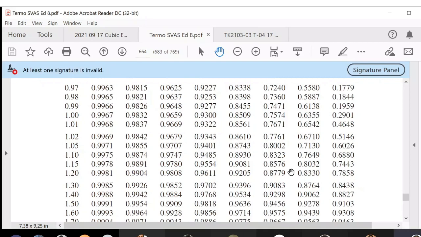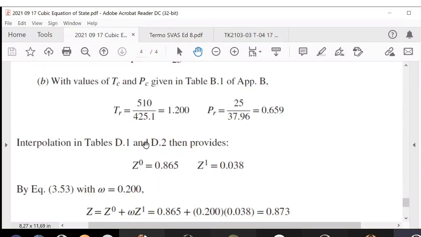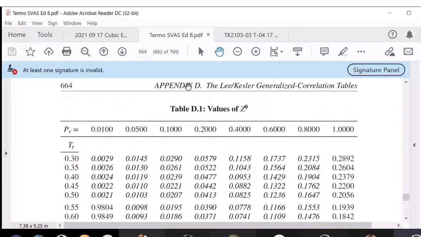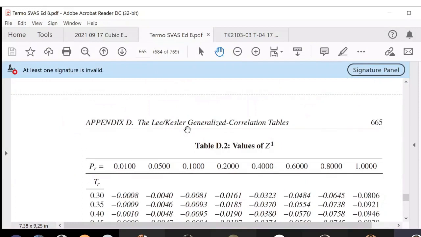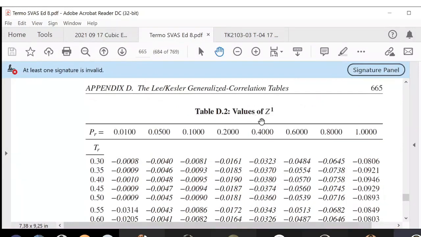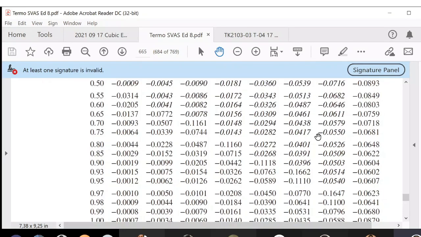The same thing, we need to find out Z1 from table D2. It was table D1. Now the next page is the table D2 in order to get the Z1. The same thing, the PR is 0.6 something in this area, and then the TR is 1.2, which is in this area.